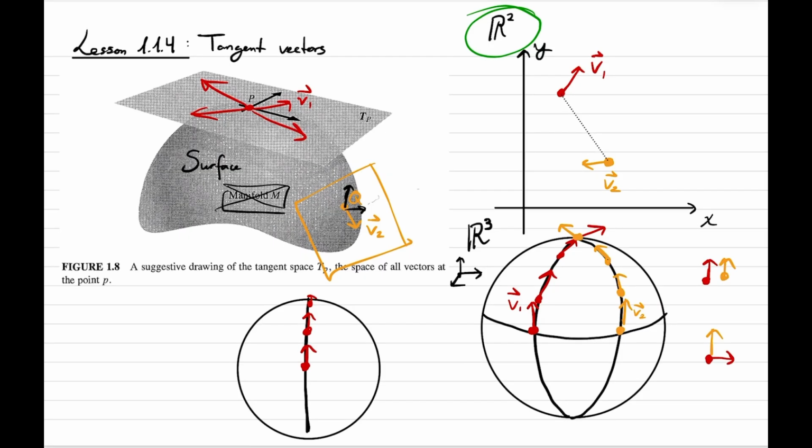And again, all of this happens because we are not in R3. We are in a two-dimensional space. Here we have 3 dimensions because we have made up a third dimension to represent the sphere, but it doesn't exist. All the vectors here, they live in the 2D space.